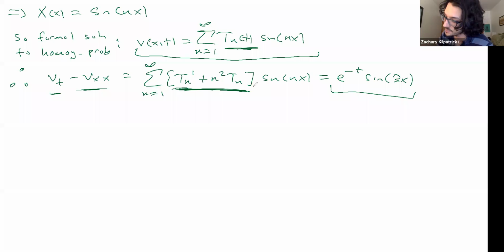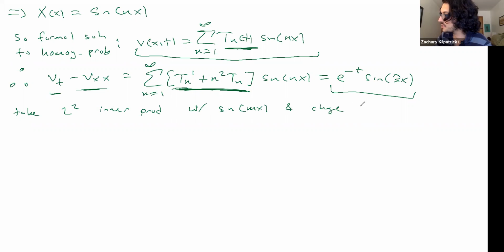So essentially, if I take the L2 inner product with sine mx, and then after that, I'm going to change m back to n.